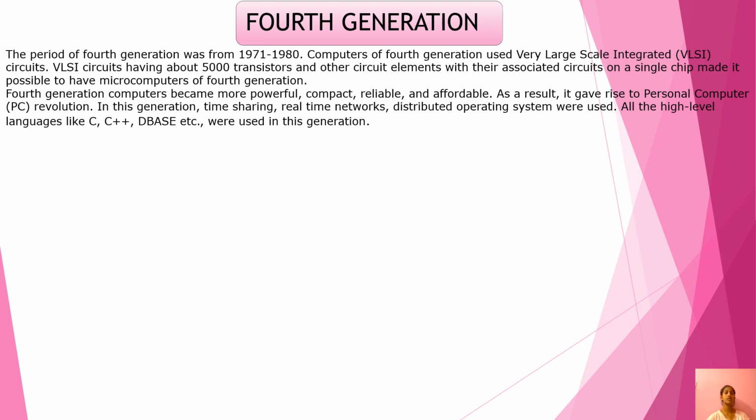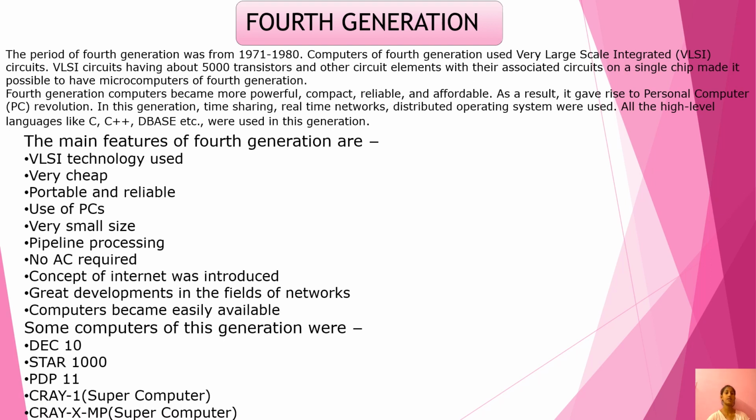In this generation, time-sharing, real-time network and distributed operating systems were used. All the high-level languages like C, C++, dBase, etc. were used in this generation. The main features of the fourth generation are very cheap, very small size, no AC required, computers became easily available, and there was great development in the field of networks and the concept of internet was introduced.